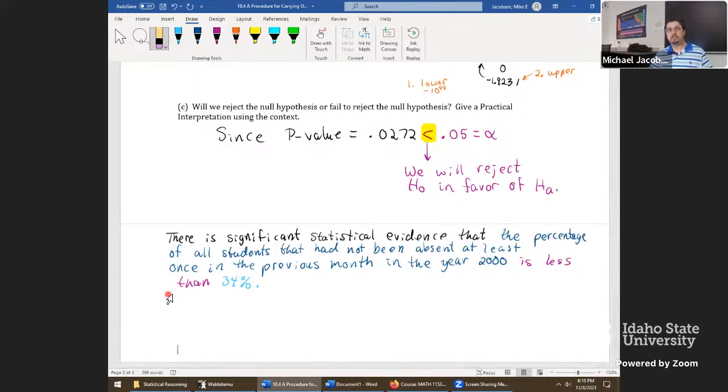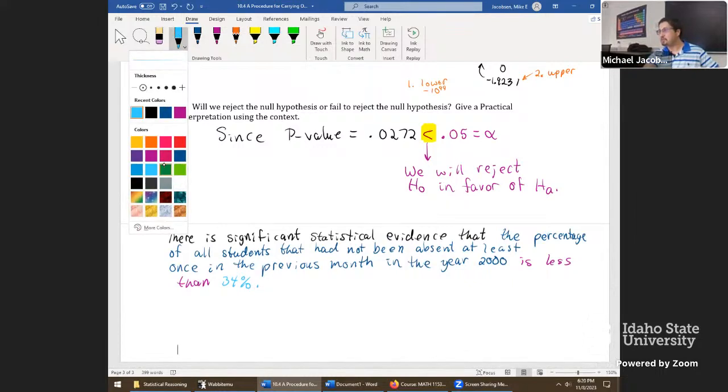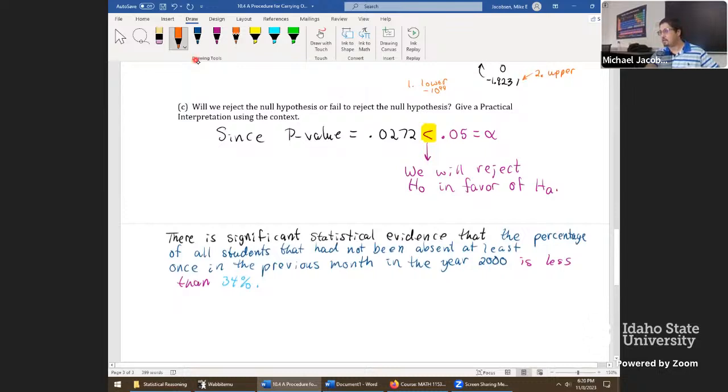It's kind of almost a weird question, but imagine saying this. You told everyone in the Senate committee, we have found significant statistical evidence that the proportion of students who had not been absent at least once is less than 34%. People might say, gosh, that's bad, but they're going to immediately all ask you this question. Why?